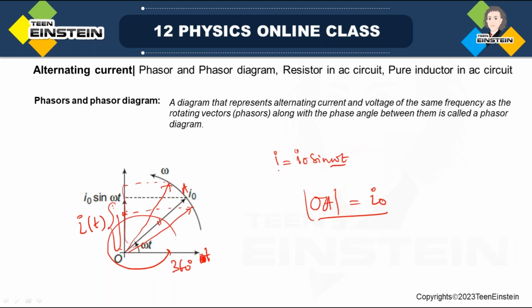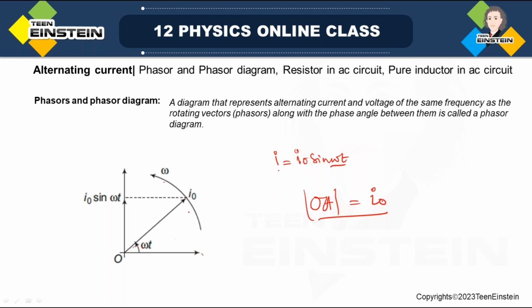All right, so what I'm trying to say is that any sinusoidal quantity can be represented by a rotating vector, but to represent that quantity we have to take a rotating vector which has a magnitude equal to I0, and whose projection gives the value of the instantaneous current at each instant.